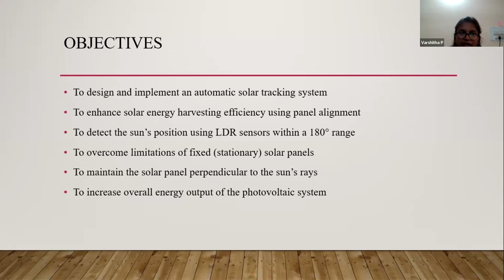The main objective is to design and implement an automatic solar tracking system and to enhance solar energy harvesting efficiency using panel alignment with the sun, detecting the sun's position using LDR sensors within a 180-degree range from left to right, to overcome the limitations of fixed solar panels, to maintain the solar panel perpendicular to the sun rays, and to increase the overall energy output of the photovoltaic system.